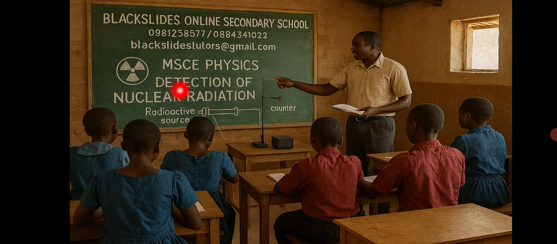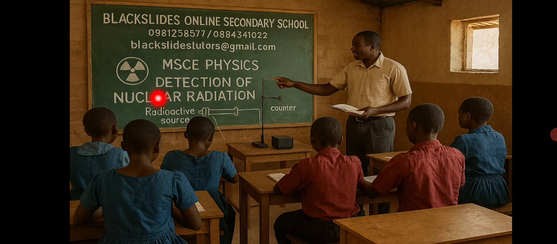Welcome once again to MSCE Physics. We continue looking at detection of nuclear radiation. Remember that there are three types of nuclear radiations, namely alpha, beta, and gamma, and that these three are not visible, and they are odorless, meaning you can't smell them, which poses a very huge danger.